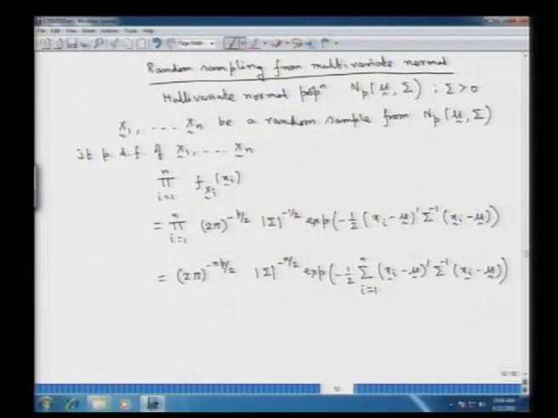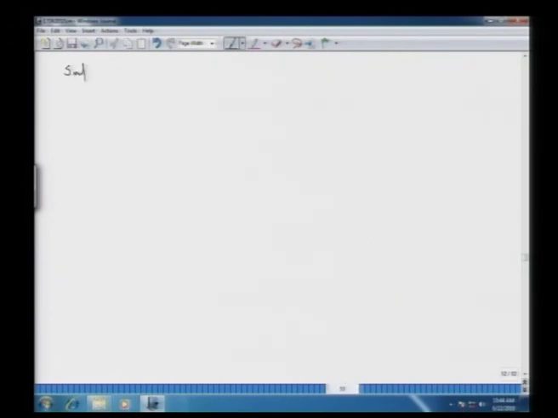So the first question that we are going to answer about this random sample x1, x2, ..., xn from the multivariate normal distribution is: what is the sufficient statistic based on this random sample? So we move on to sufficiency.